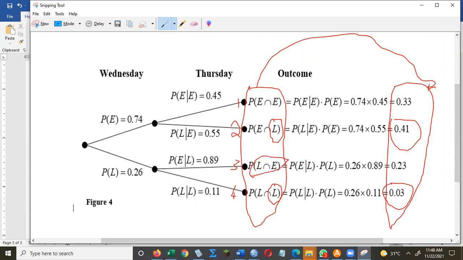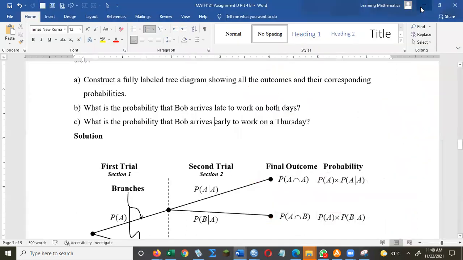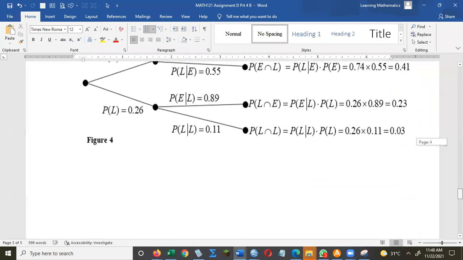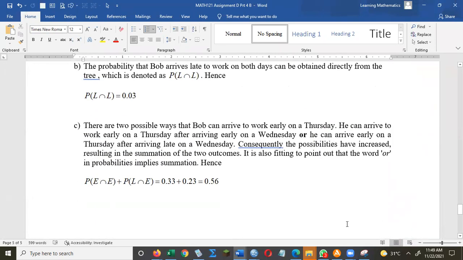So this is the early on a first day, so we can just rapidly apply it. Early on a first day is 0.33 plus 0.23, okay? And late on a first day, so the rectangle is early on a first day. So let's bear that in mind, rapidly, early on a first day, this way or that way. So remember in the example, early on a first day, you have 0.33 plus 0.23.